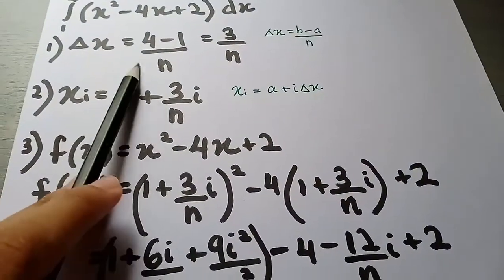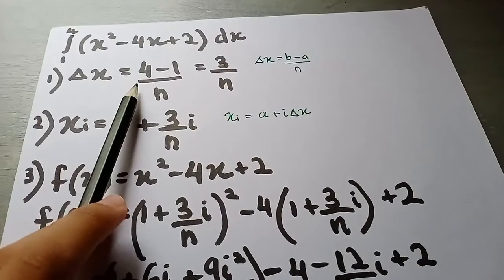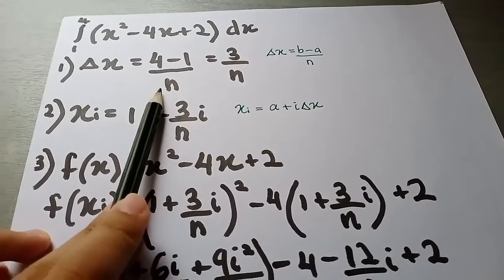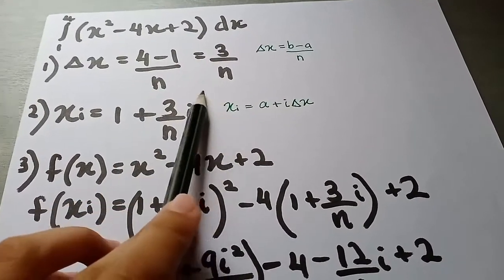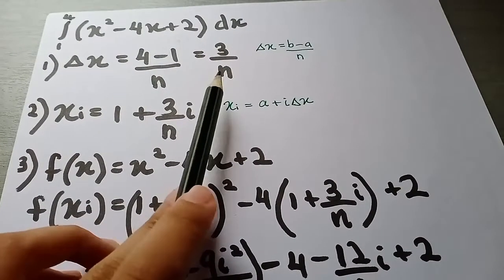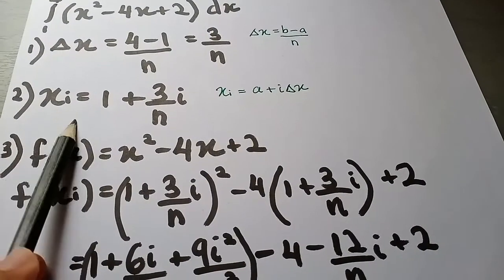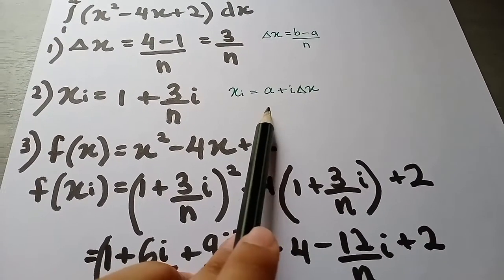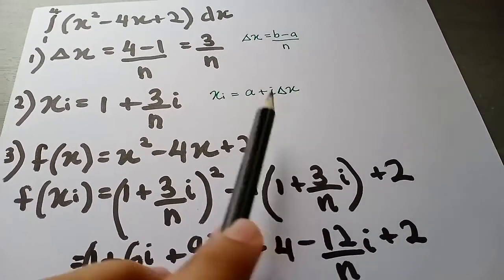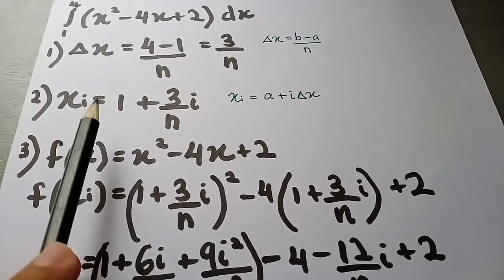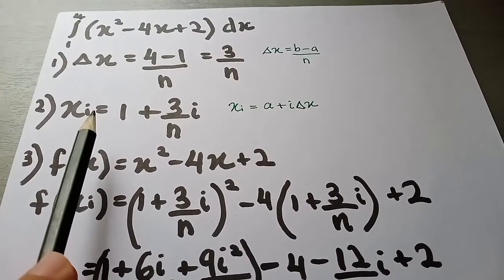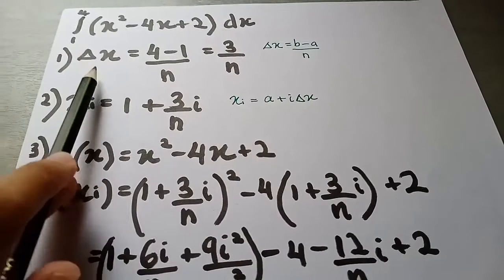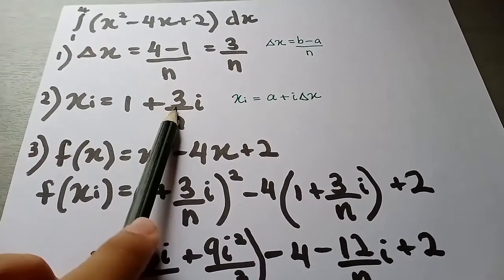Our b is the upper limit 4 minus the lower limit 1, divided by n. So delta x is 3 over n. The second step is to find xi. Xi is a plus i delta x, and our a, the lower limit, is 1, plus our delta x, 3 over n times i.